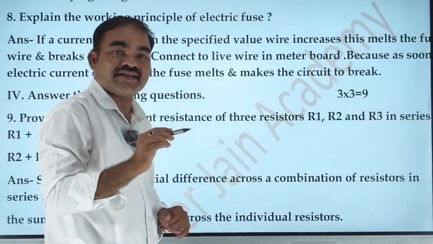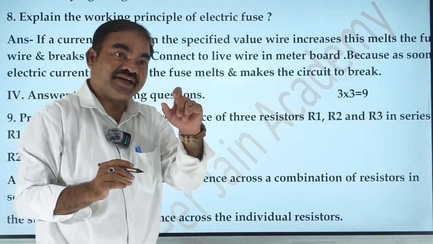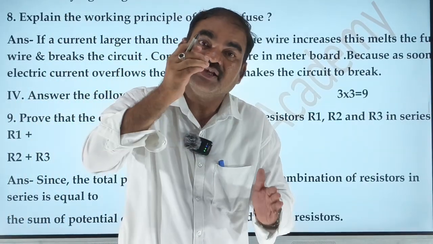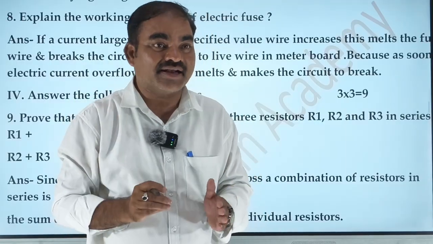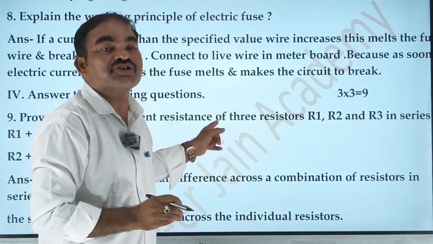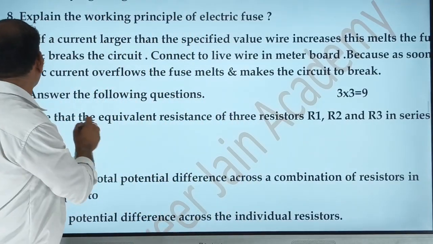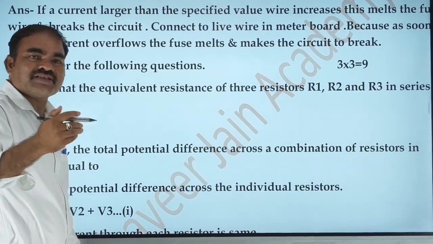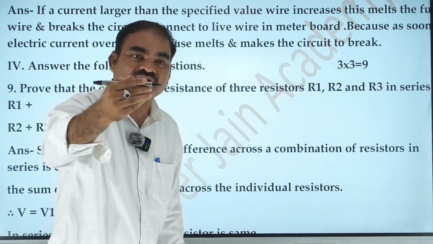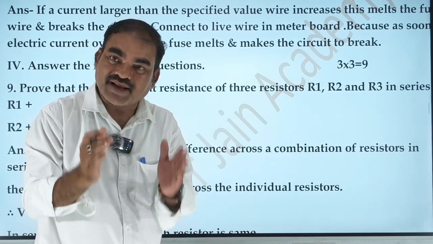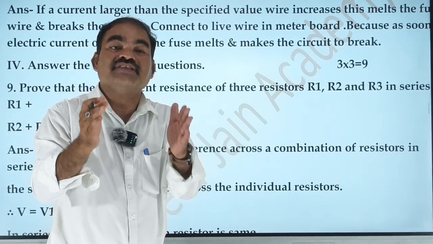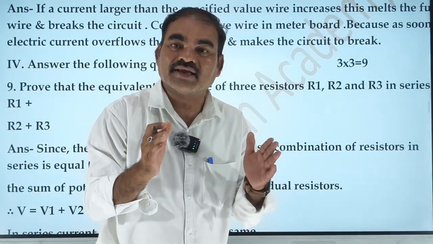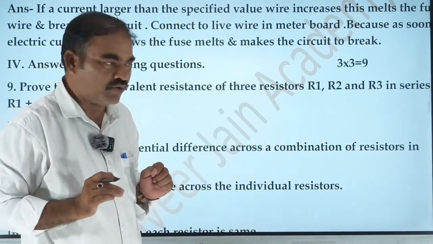Suppose we take 5 ampere for appliances at home, and if more than 5 ampere current comes, the fuse will break. This stops the overflow of current and prevents damage to the electrical appliances in our home.